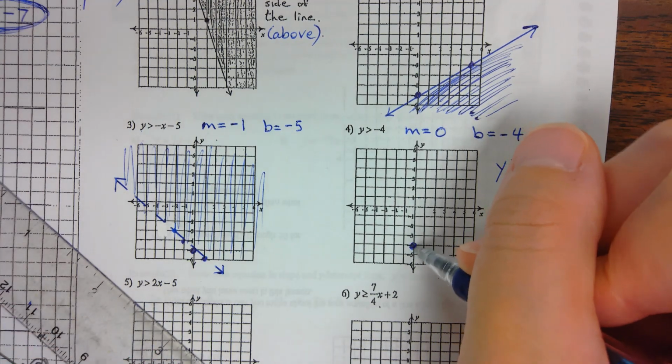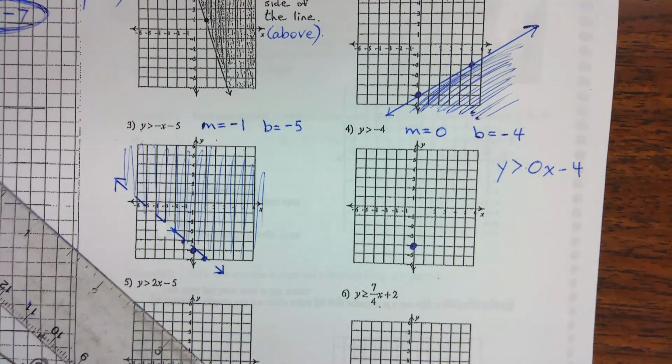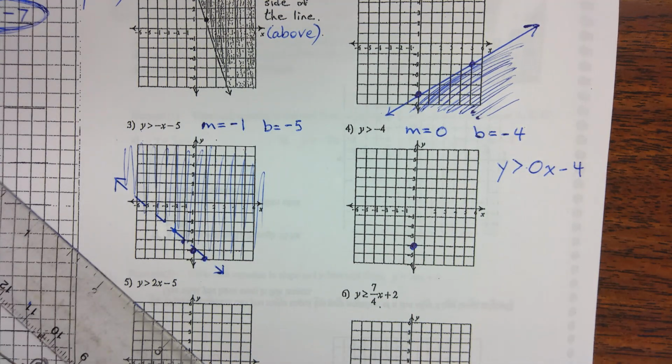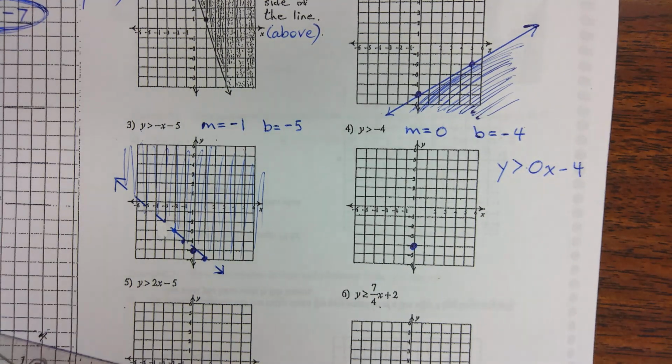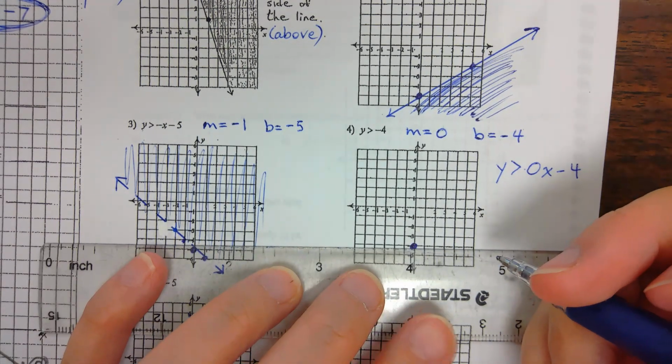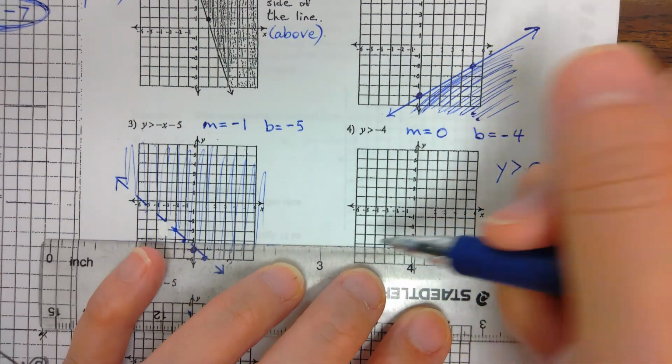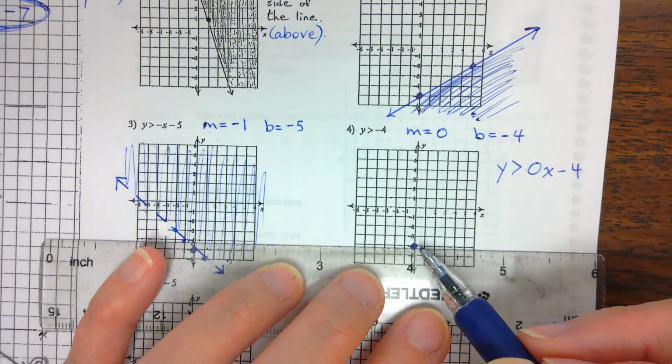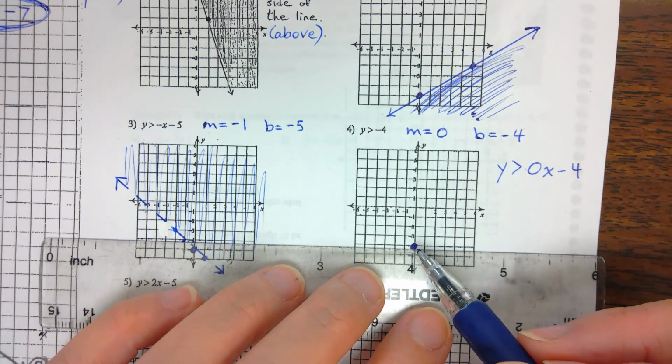M equals 0. We learned this on Tuesday. Michelle, what type of line is m equals 0? Horizontal. M equals 0 gives you a horizontal line. Should I do a solid line or dotted line?